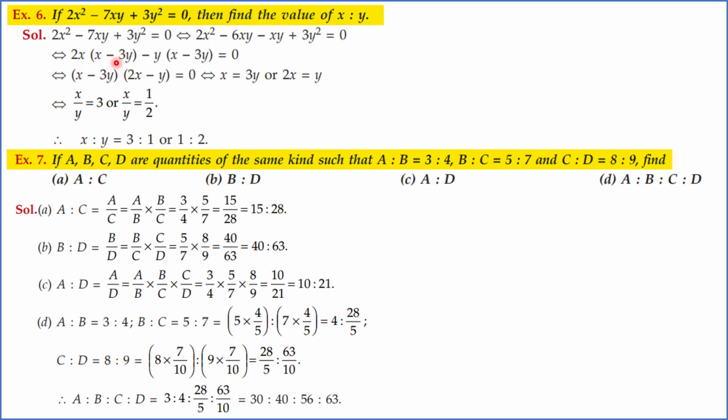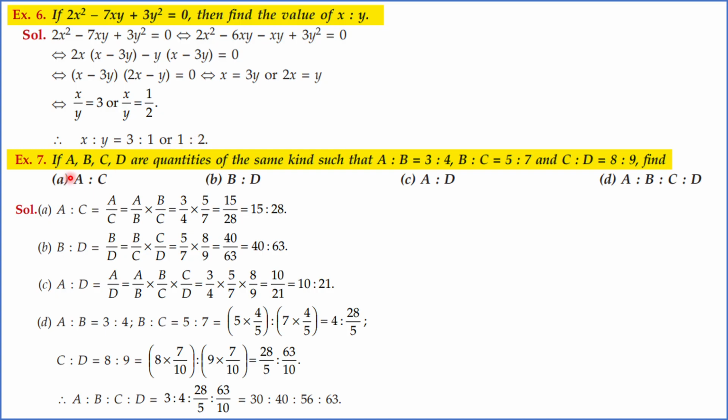Then 2x into (x minus 3y) minus y into (x minus 3y) equal to 0. (x minus 3y) and (2x minus y) equal to 0. That implies x equal to 3y or 2x equal to y. Then x by y is equal to 3 or x by y is equal to 1 by 2. Therefore, x is to y is equal to 3 is to 1 or 1 is to 2.